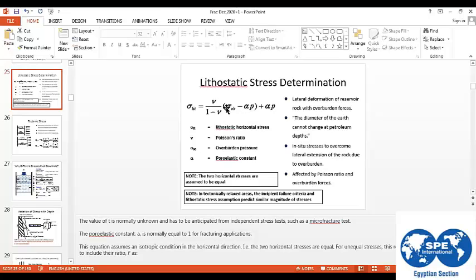What is the difference? The difference is Poisson ratio. So the Poisson ratio affects the stress of the rock, which at the same time affects the geometry and the fracture propagation.